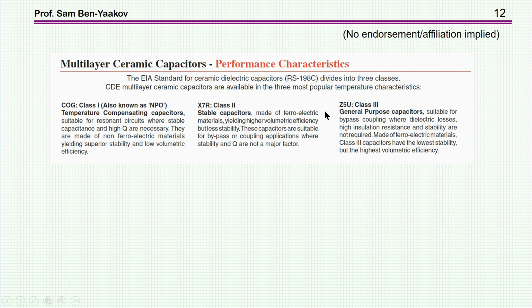Then we have class 2 and class 3, which are ferroelectric dielectric based, and these have a large dielectric constant, so they can be made small and with large capacitance. Class 3 has the highest dielectric constant, the largest. However, it is the least stable, and it is sort of obsolete now. However, there are many capacitors on the market which are class 3.